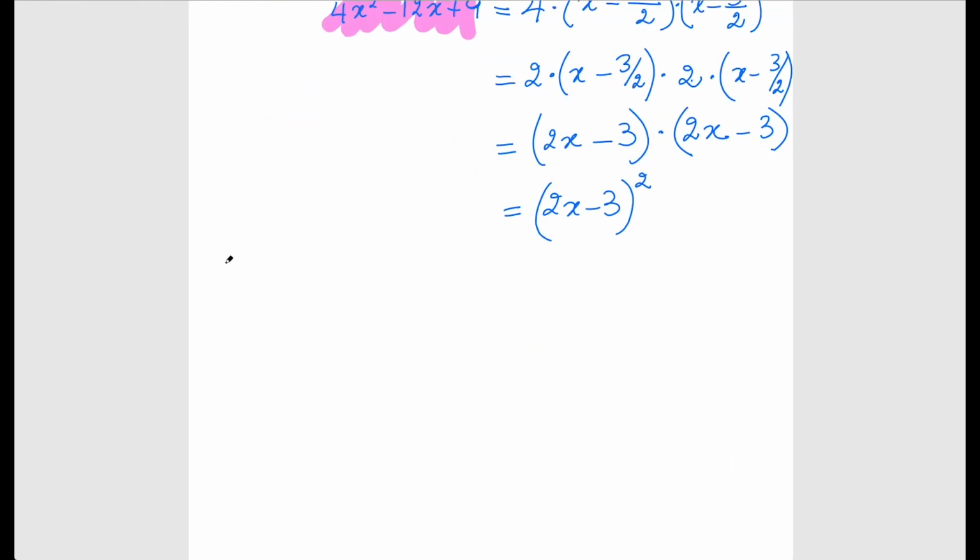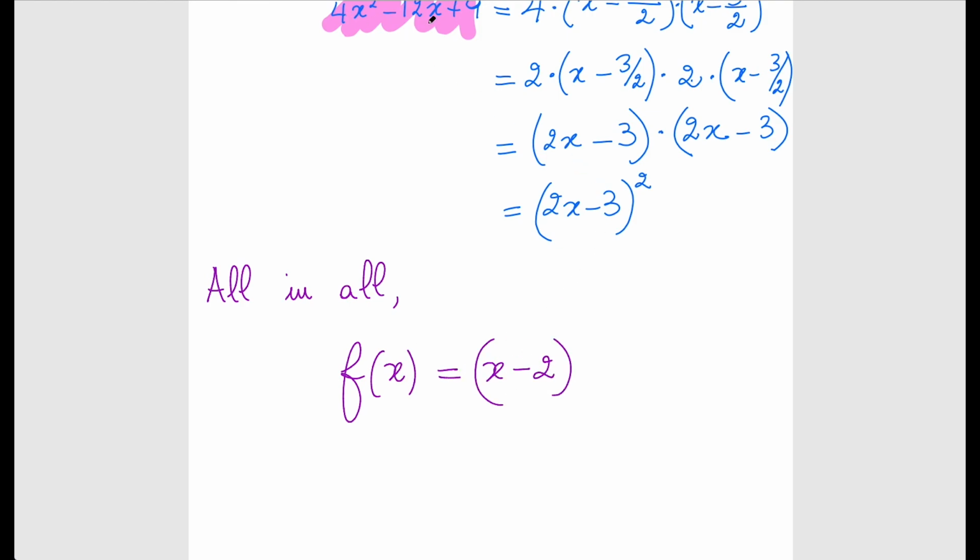All in all, f of x is x minus 2 times 2x minus 3 squared. Didn't we factor f of x? Yes, it's a product now of x minus 2, 2x minus 3, and 2x minus 3.